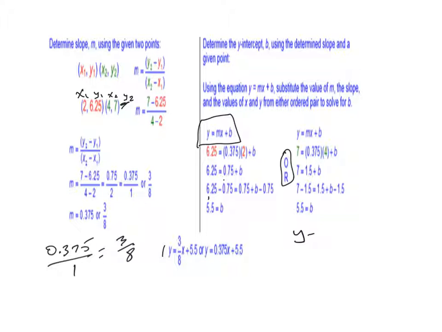One is y is equal to 3/8x plus 5.5, and the other one is y is equal to 0.375x plus 5.5. Same formula, just one's a decimal and the other one is a fraction. Both give you the same answer.